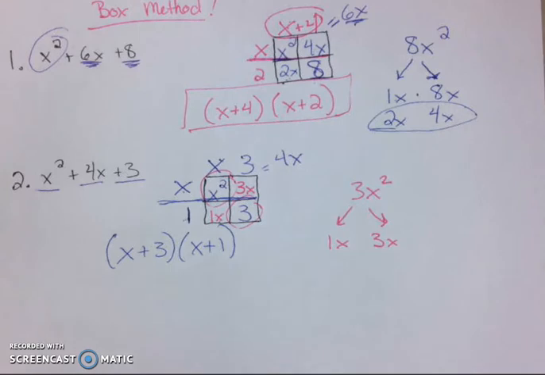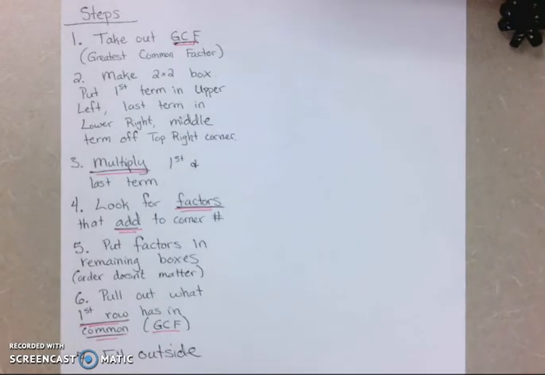Okay, now I'm going to write out the steps. So I'm going to write them out, and then you guys pause the video and copy down the steps. And you'll notice we aren't doing all the steps yet because we're not to the more complicated problems. Alright, here's all 7 steps of factoring. Now, before sometimes we skip like the first 3 steps because those problems aren't as complicated, and same here, except we actually skipped the first step.